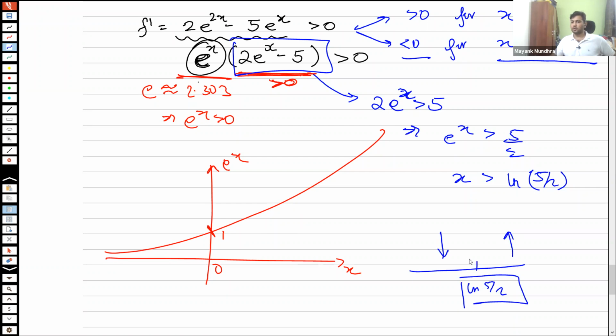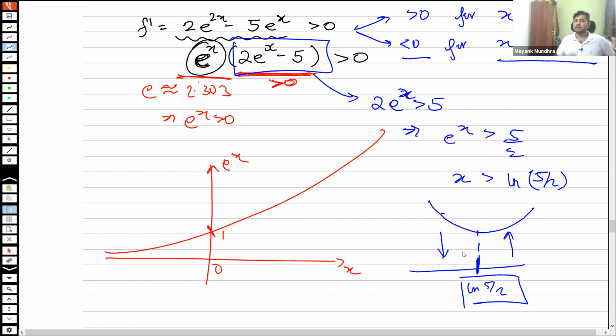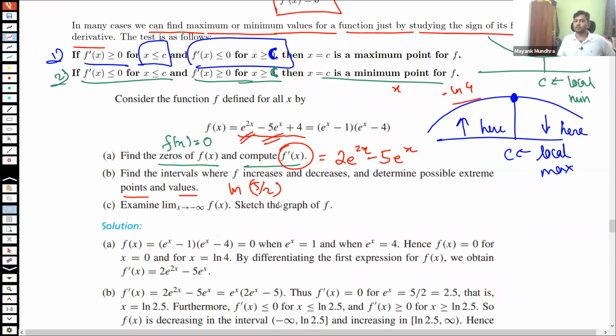So will log 5 by 2 be a maxima or a minima? Minima, very good. So it will look like this, decreasing here and then increasing. So it's going to be a minima, and there is no other point. It's a single point: to the left it's decreasing, to the right it's increasing. Right?